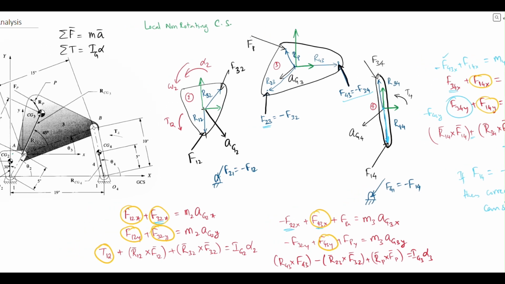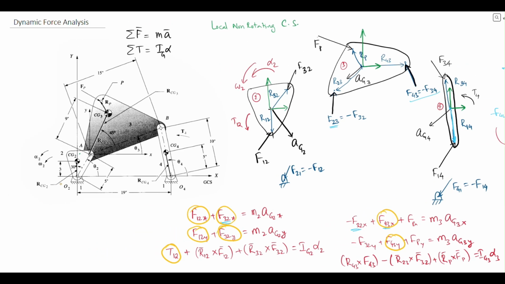You can put all of this into a matrix form by listing out all the coefficients of unknown terms on one side and writing all the unknowns as a vector, and then writing all the known quantities on another side.